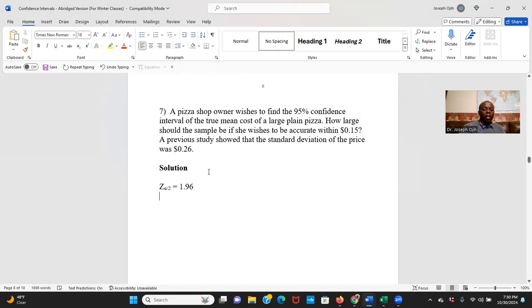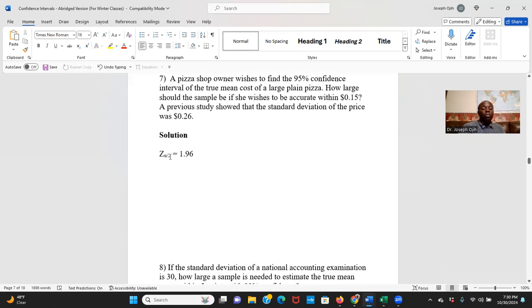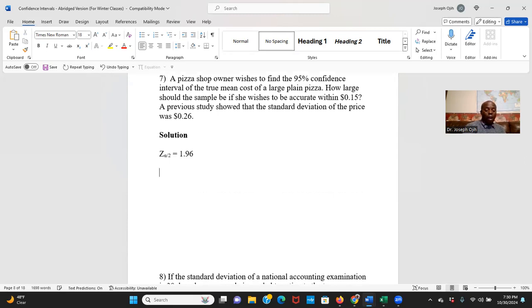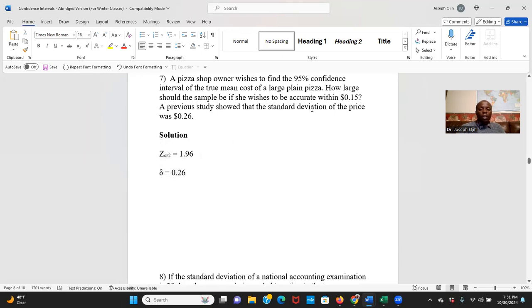So next one is the standard deviation. We have it here. Let me get a symbol here. The standard deviation equals 0.26. Now, this is for the standard deviation, and this is for the error of 15 cents, I mean, 0.15.